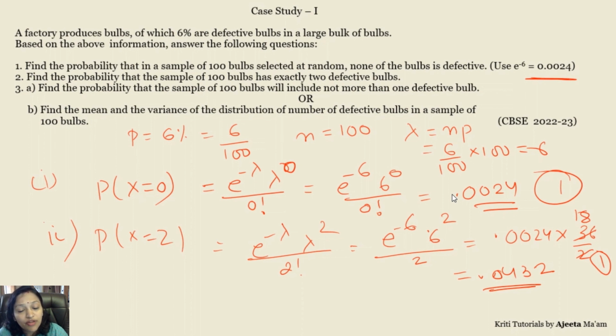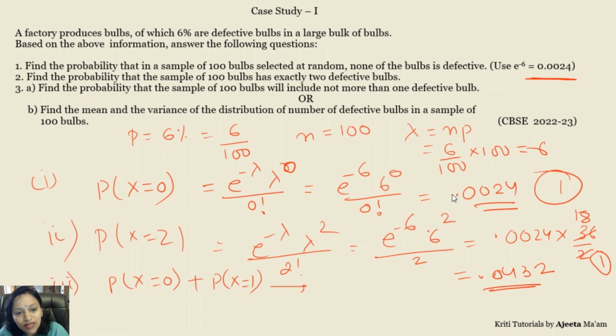Now, third we have 2 parts, any one is to be attempted, and it is for 2 marks each. So find the probability that the sample of 100 bulbs will include not more than one defective bulb. Not more than one defective bulb means we have to take 2 cases, that is 0 and 1. So we have to calculate for 0 and 1, right? For 0 we have already found.